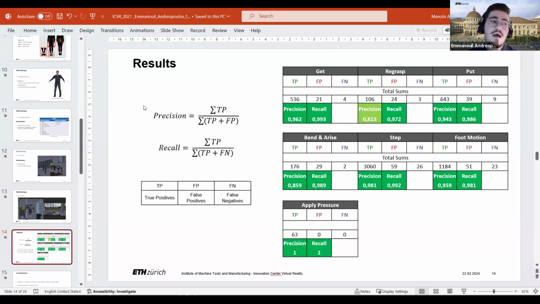Precision gives us, out of the true actions, how many were actually predicted by the algorithm, while recall shows us how many of the predicted actions are actually relevant. As can be seen in these tables, most of the actions were predicted with both precision and recall being more than 90%, which shows a remarkable potential of the algorithm that was developed.